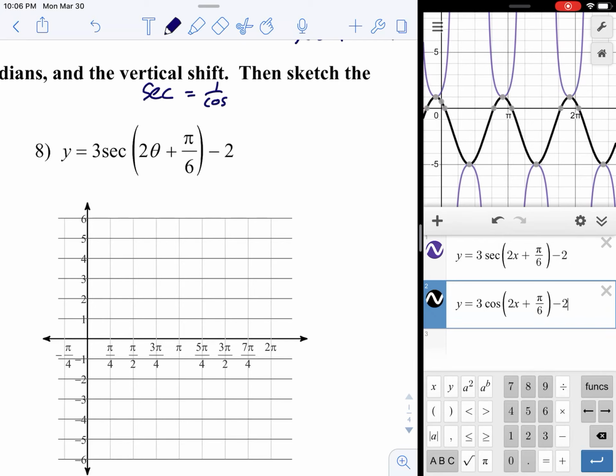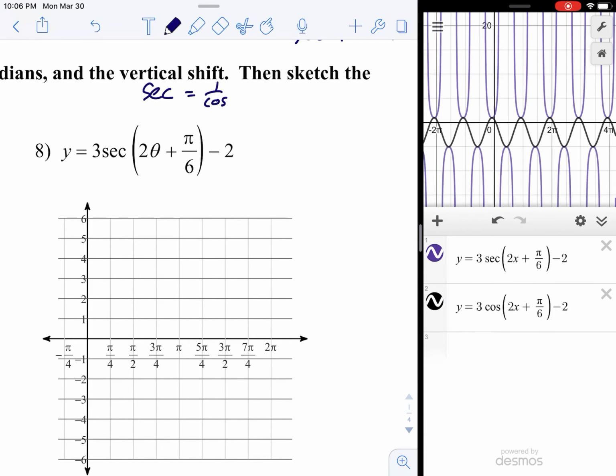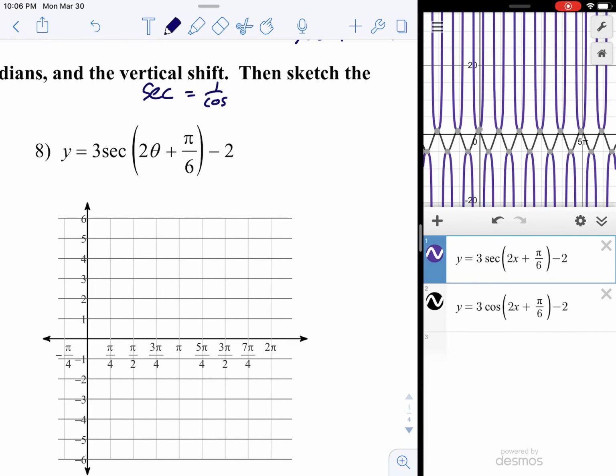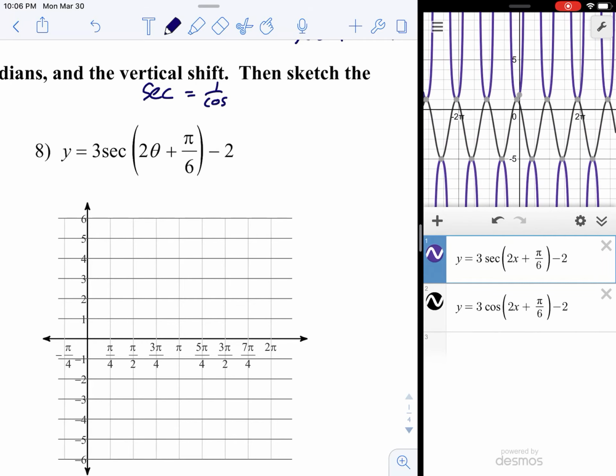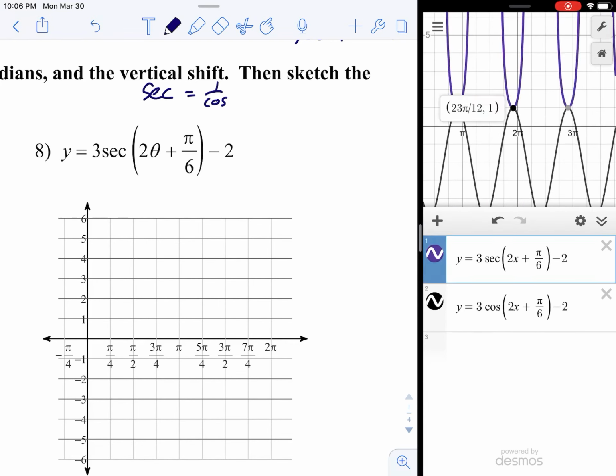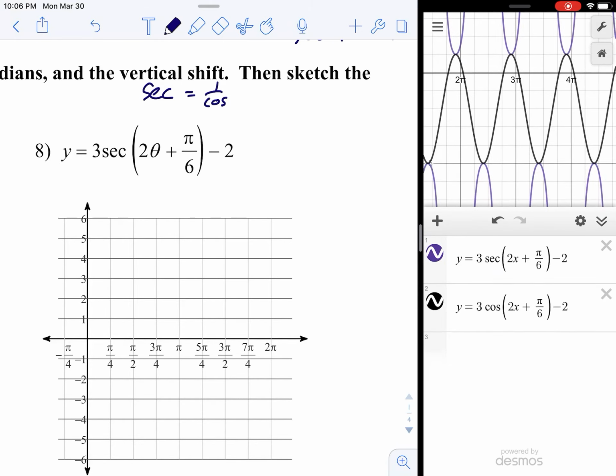Look at how those two graphs connect. Look at the relationship between them. Now, that's not a coincidence. They go together like that. That's the mathematical property that they have. So the maximum and minimum points of the wave correlate to the maximum and minimum points of the secant, whatever you want to call that graph. And it goes on forever like that.